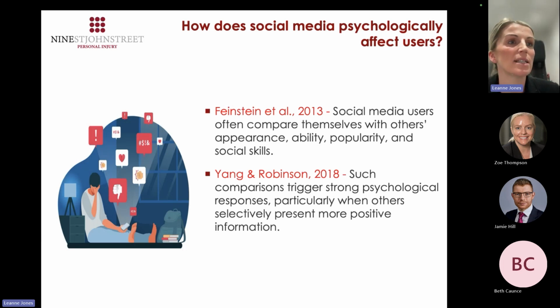It was a 2020 survey study, and you'll see from those quotes that the general consensus is people compare themselves with others in terms of appearance, ability, popularity, social skills, and such comparisons trigger strong psychological responses, particularly when others selectively present more positive information. And I think it's that age-old saying of living one's best life online.